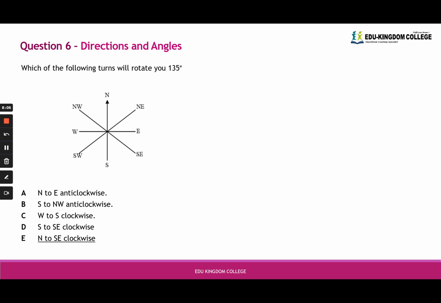So let's say we guessed E, right? So north to southeast. So if we go from north to southeast, so we go from here, 1 rotation, 2 rotations, 3 rotations, right? So this is 45, 45, and 45 degrees, right? So we just do 45 times 3, okay? That will actually give us 135 degrees rotation, right?